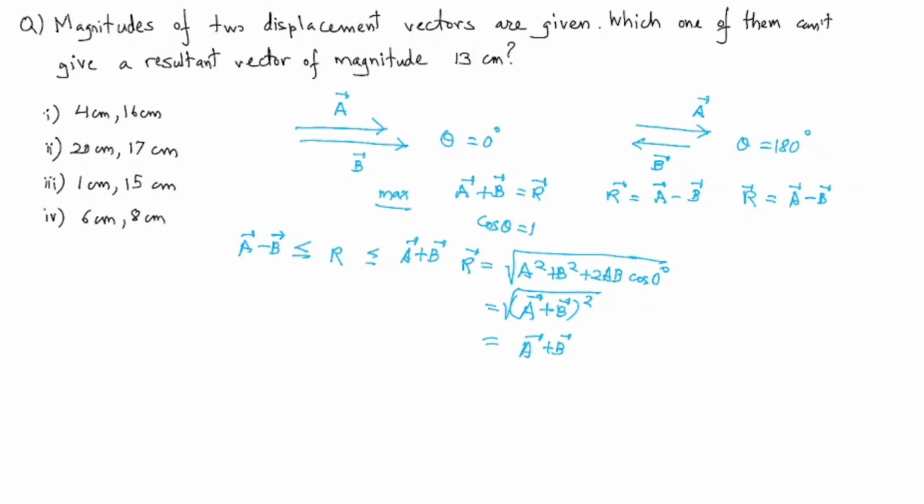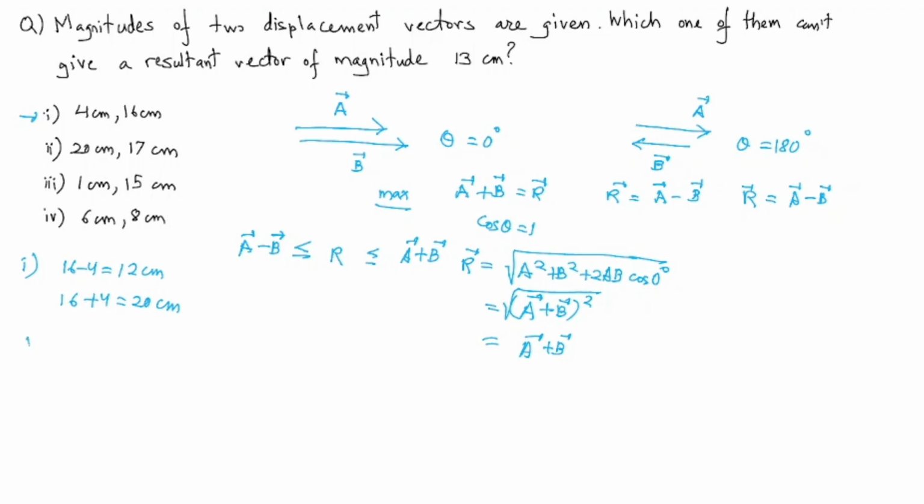So when we are talking about the first case, right? For case 1, 16 minus 4 is 12 cm and 16 plus 4 is 20 cm. So this can give the displacement vector of magnitude 13 centimeter.